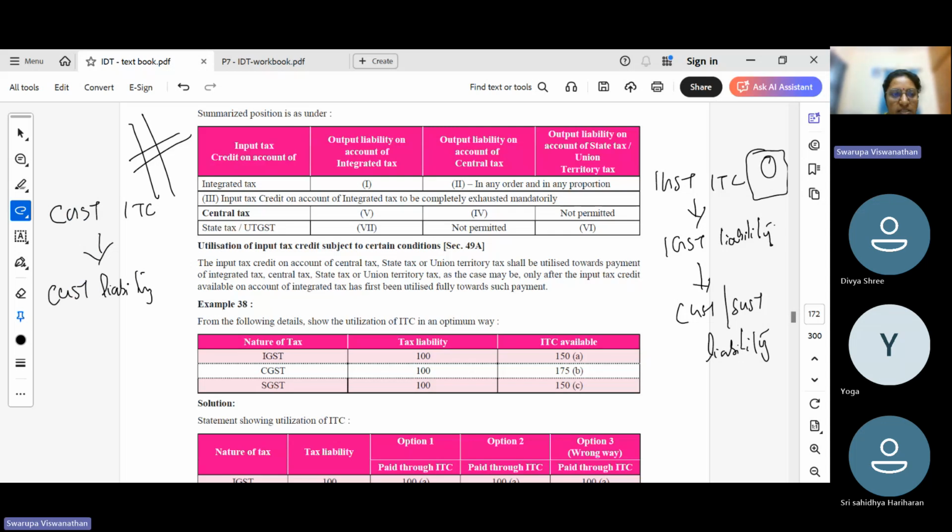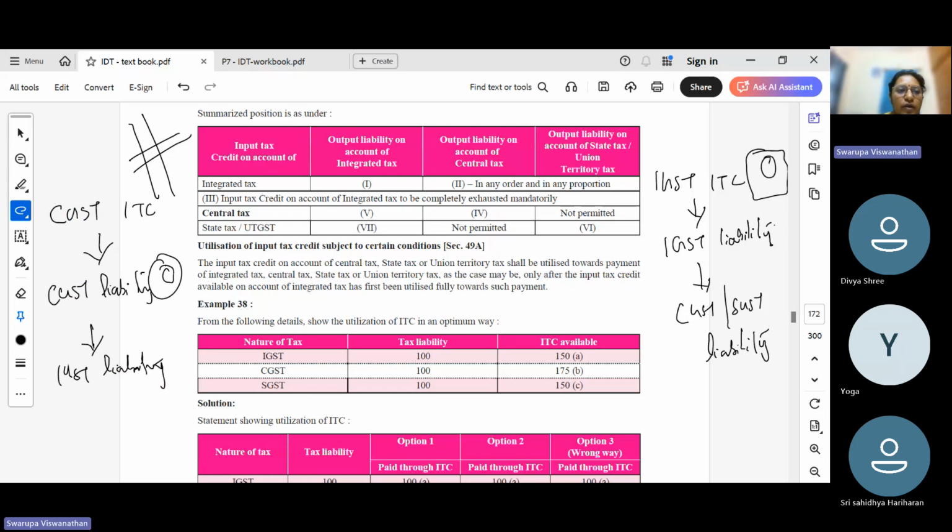If there is any balance, you can use it for IGST liability as well, after making CGST liability 0. Okay. Same with SGST. SGST ITC, first you can use it towards SGST liability, make that 0. Then if there is any excess ITC available, you can use it to set off your IGST liability if there is any liability left.